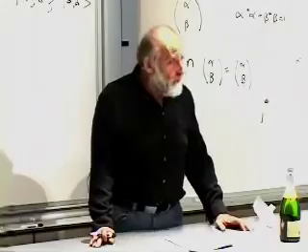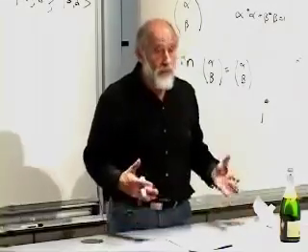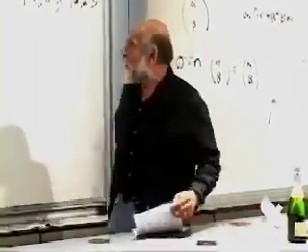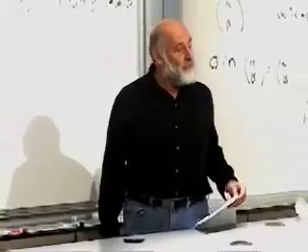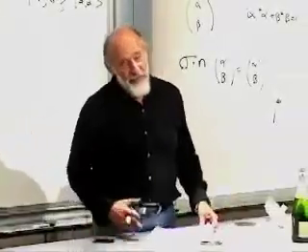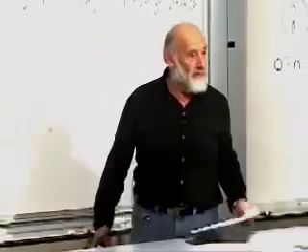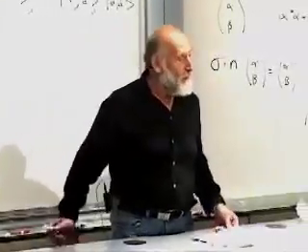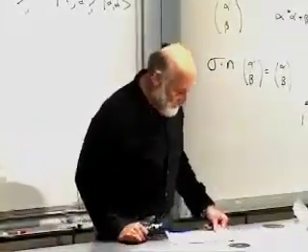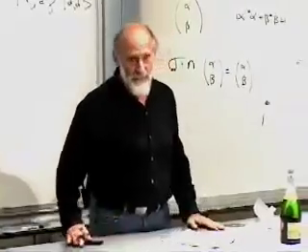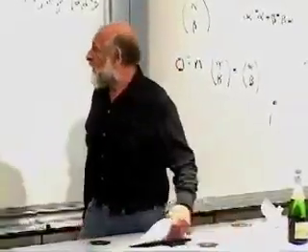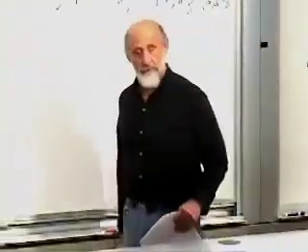Now, the 2 sets of observables are, of course, the spins of the 2 electrons. How am I going to label the 2 spins of the electrons? I can't call them sigma 1 and sigma 2 because I've already used sigma 1 and sigma 2 for something else, for the 2 components of the spin of 1 electron. So I need another name. The first one I will continue to call sigma.